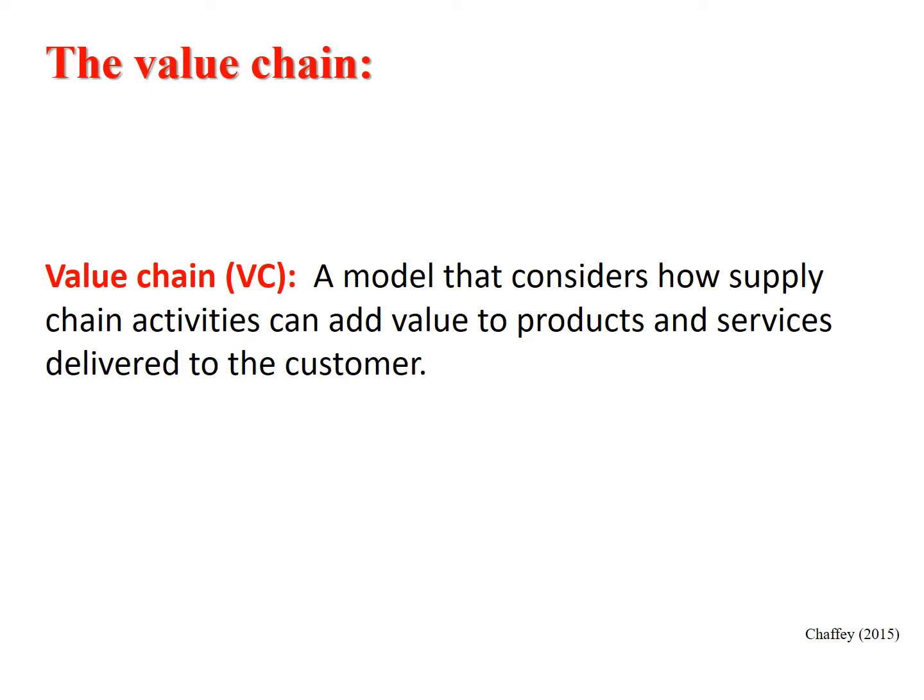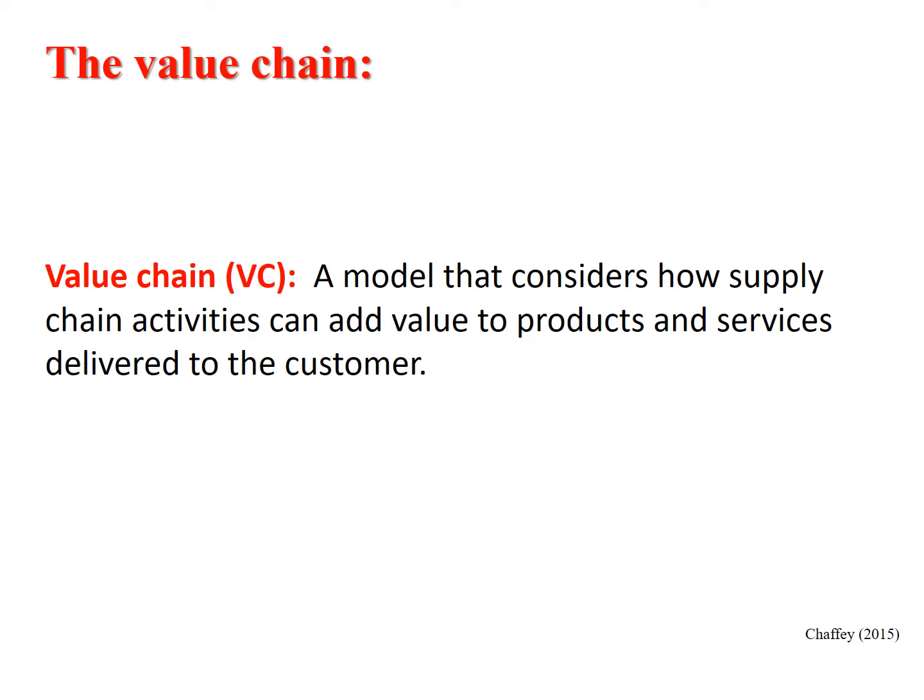The value chain, represented by VC, is a model that considers how supply chain activities can add value to products and services delivered to the customer. Remember, when we're talking about the value chain, it's how can we add value to the products within your whole system, within your organization, in terms of the primary and secondary activities.